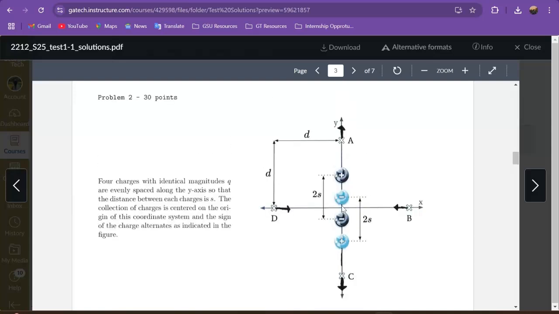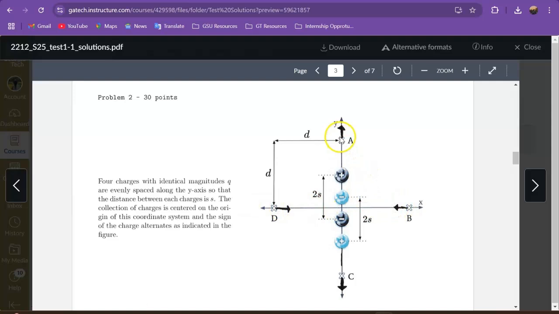So in that case, if we disregard d is much greater than s, and we look at this question in terms of individual point charges, we see that, first of all, the negative charges are closer to observation locations B and D, and we know that the electric field of a negative point charge points towards that charge, so our electric field will be pointing inwards.